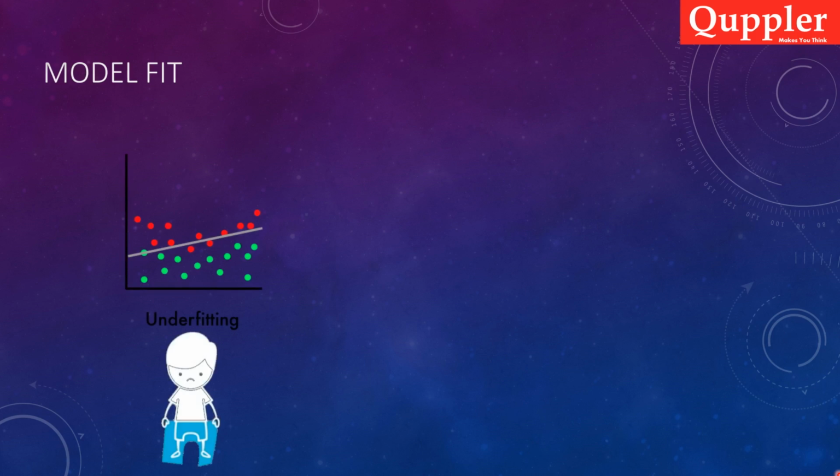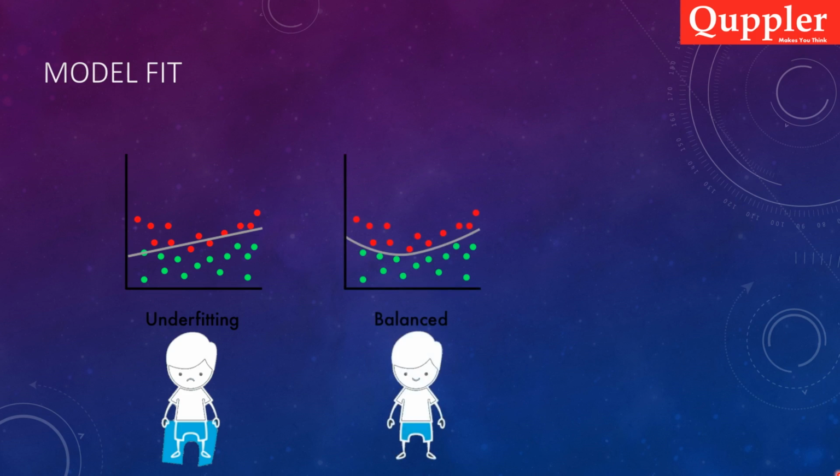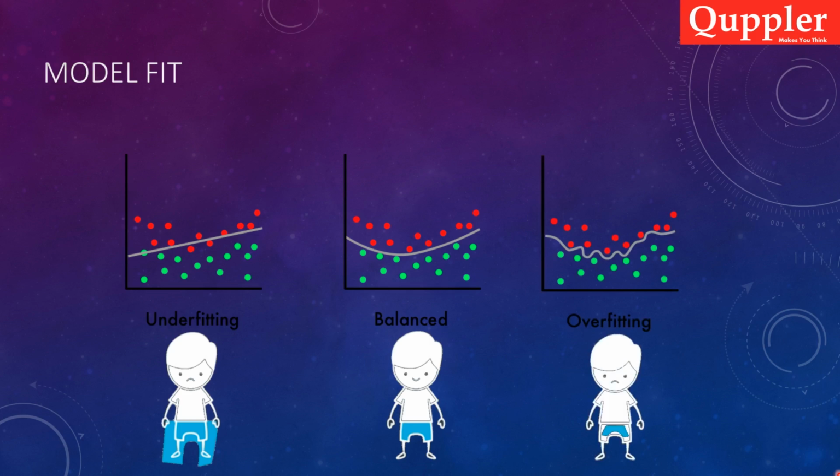In this example, a small child is underfitted with a small pant, whereas the balanced one fits him properly, whereas the overfitting one would be too tight for him. So this was all a pictorial way to understand underfitting, balanced and overfitting of your model.